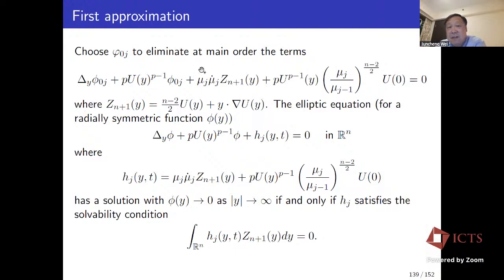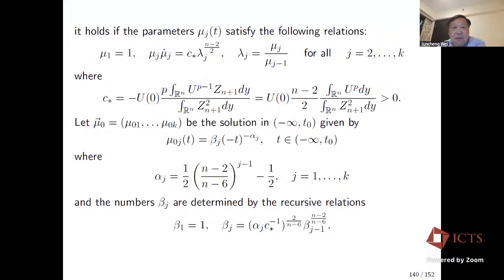You compute the energy, you compute the error, and then you compute the interaction, and you do the infinite time inner-outer gluing. Then you find the equation for the c_j, and you're going to get this system of ODEs, and this system of ODEs gives you exactly this blow-up rate.